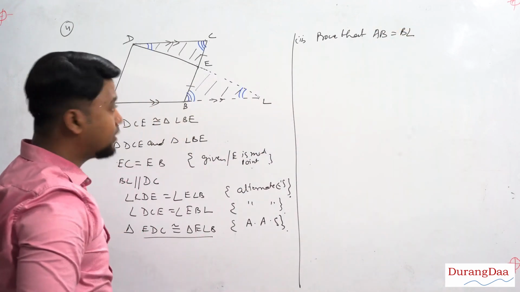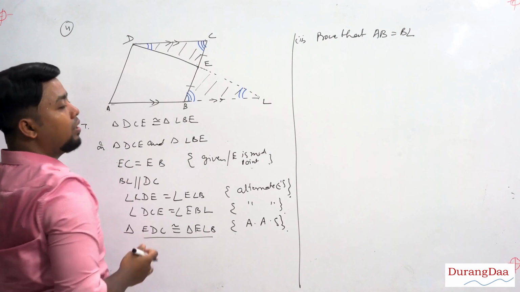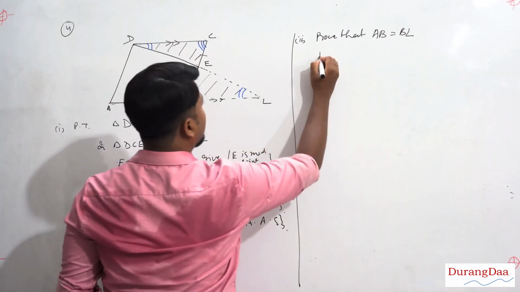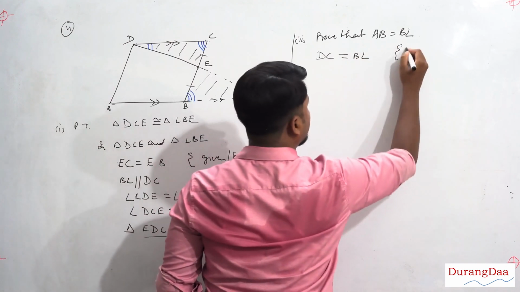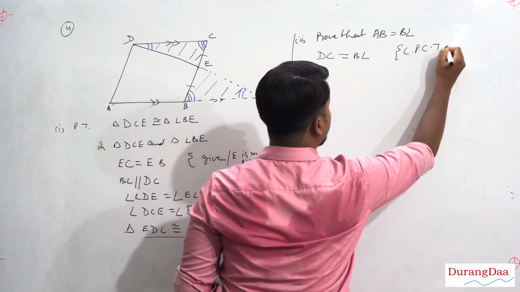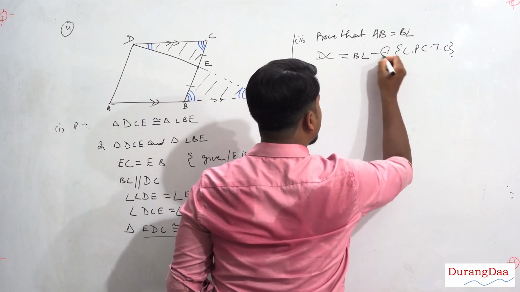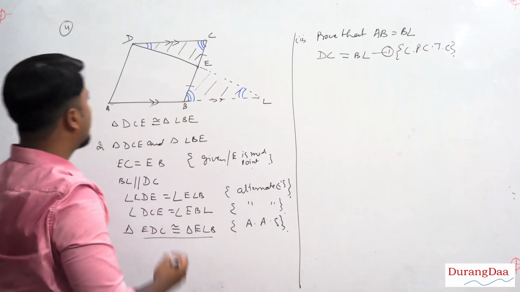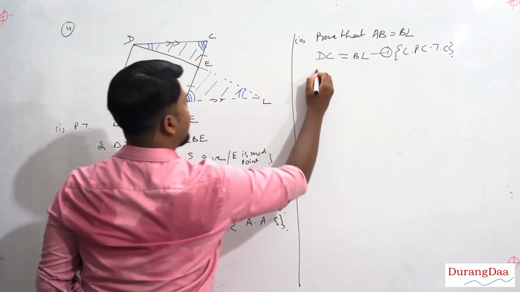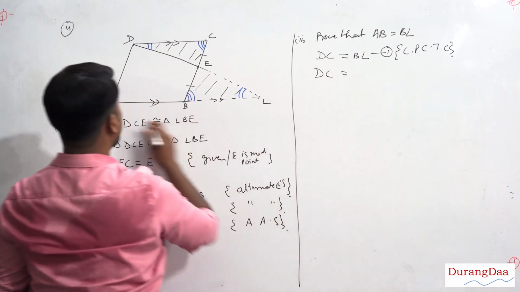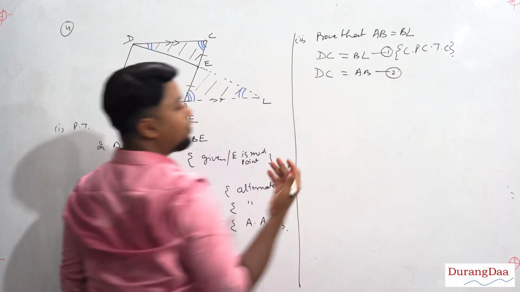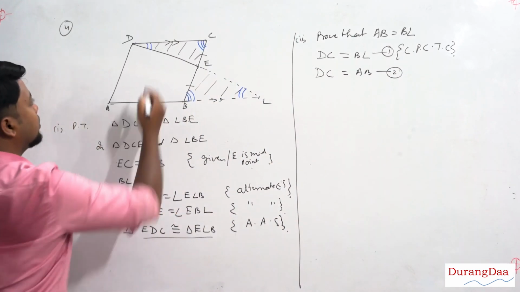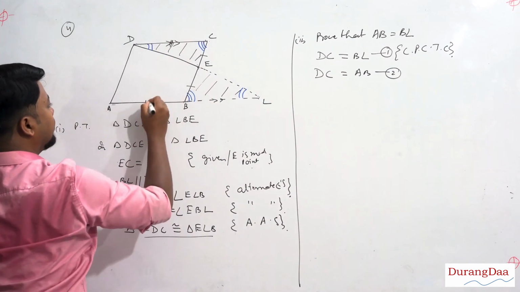Alright. Now, since both the triangles are congruent, we can directly write DC is equal to BL. The reason would be CPCTC. Mark it as equation number 1. Now, again, if you look in this parallelogram, DC should be equal to AB. Why? Because opposite sides of a parallelogram are equal. So, this should be equal to this.